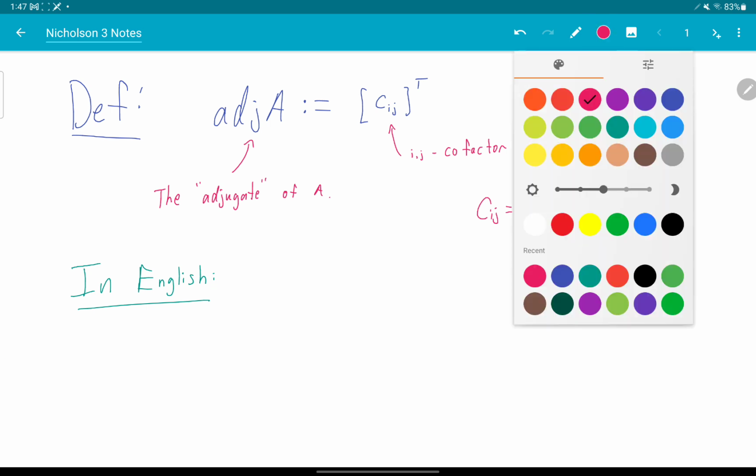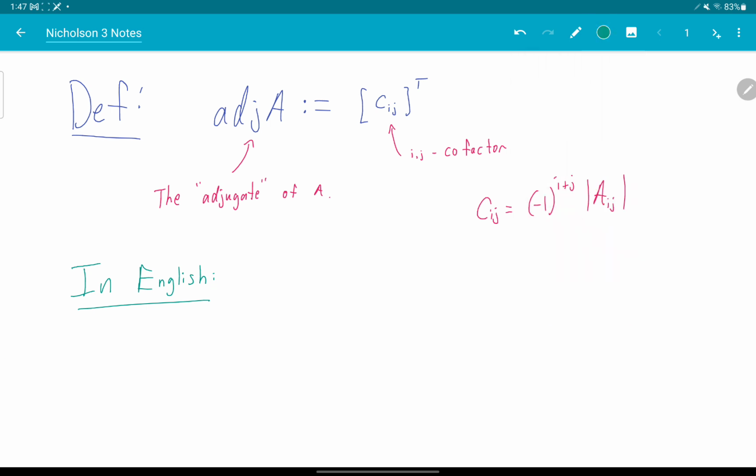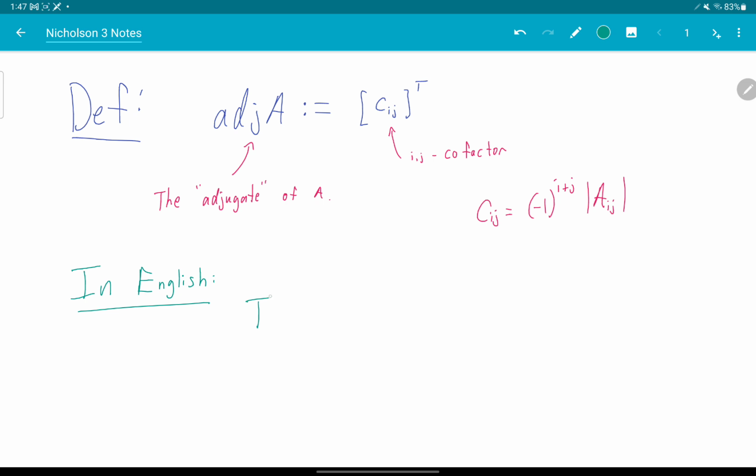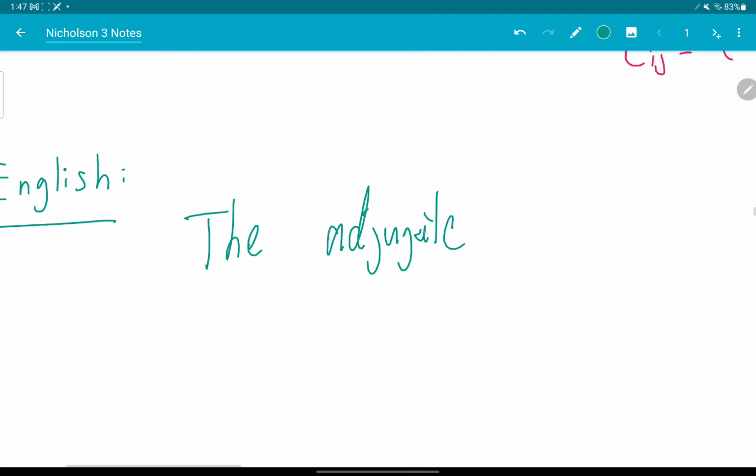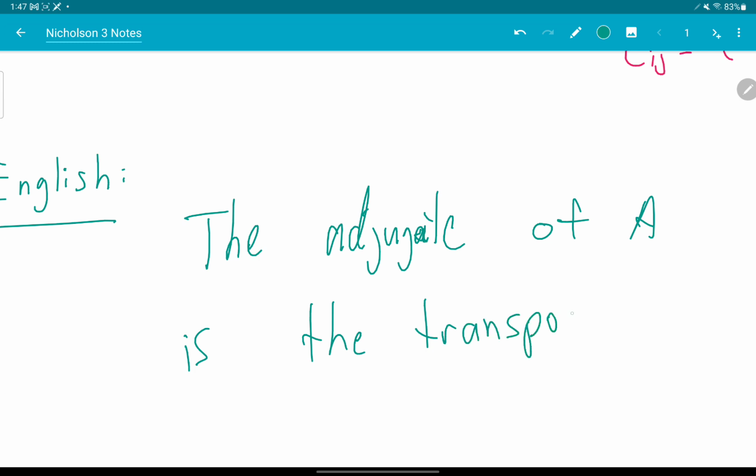But I do want to say that in English, we say that the adjugate of A is the transpose of the cofactor matrix.